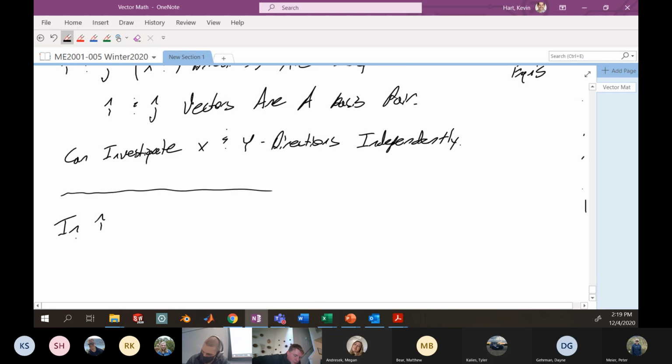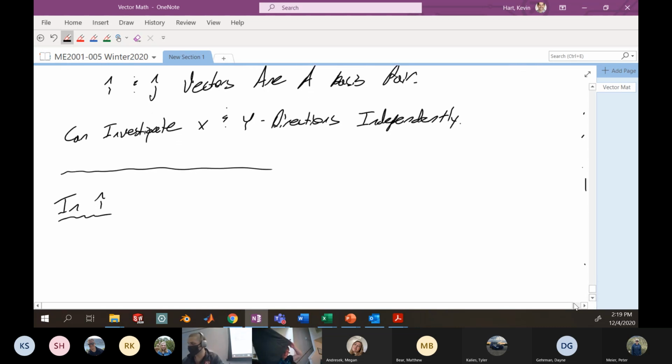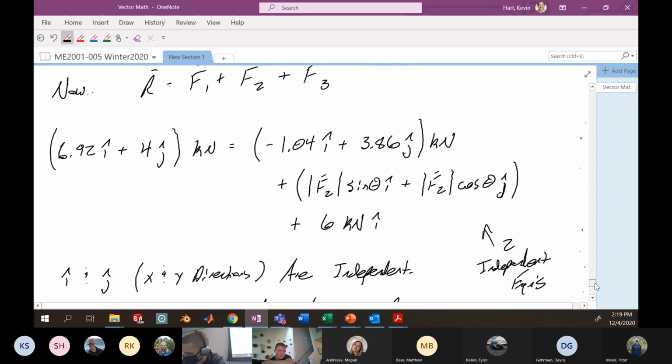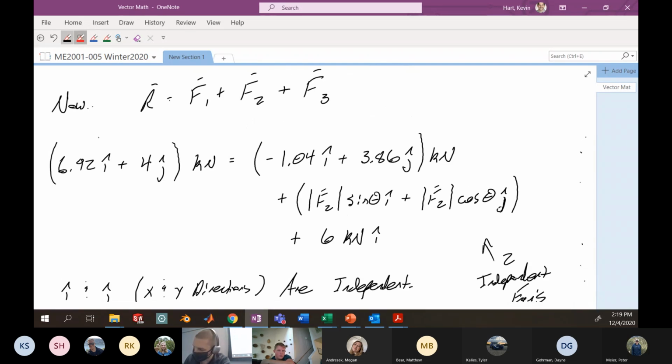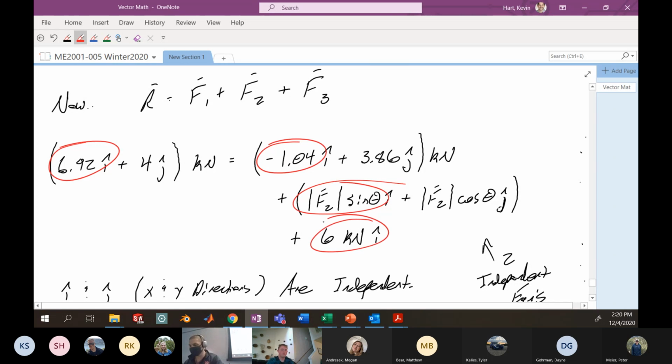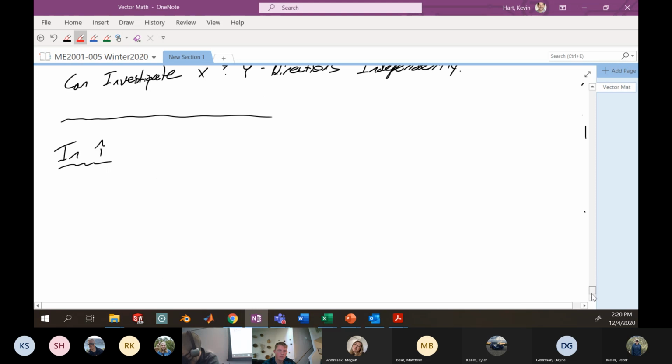In the x direction, or the i hat unit space, we're going to pull just the i components of each one of these vectors. If we scroll up here, we pull the 6.92 value, the negative 1.04 value, this, and this. We're really focusing on what's happening in the x direction as one particular equation.